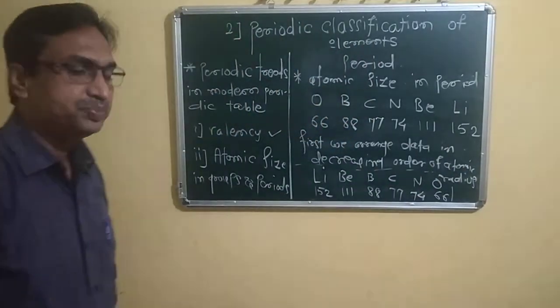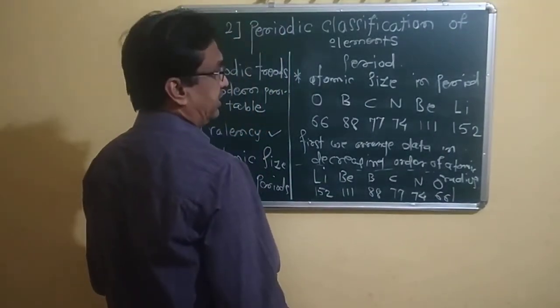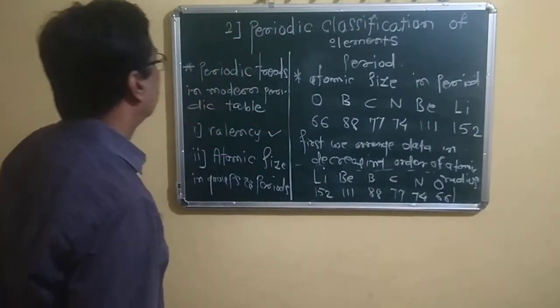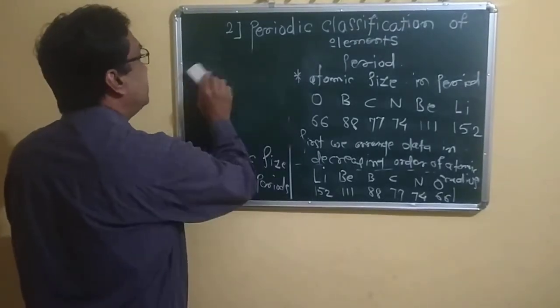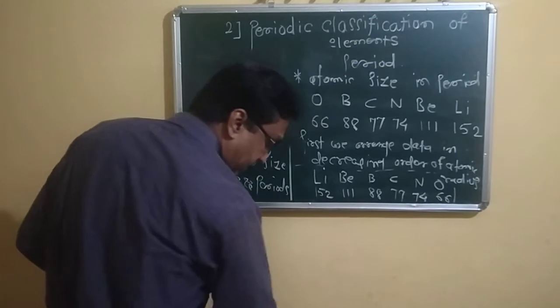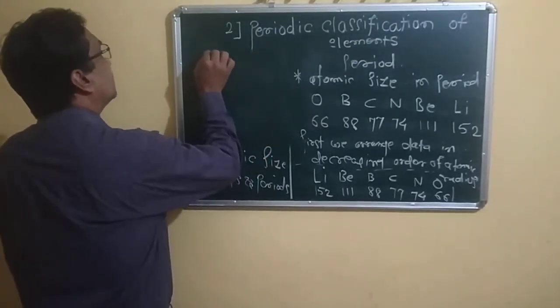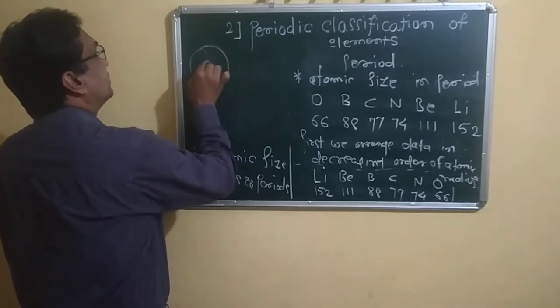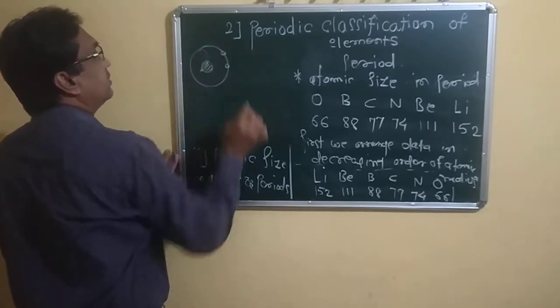We have to find out the reason behind it. What is the reason that its atomic size decreases from left to right? We know that here is the center, that is the nucleus, and here are the electrons.